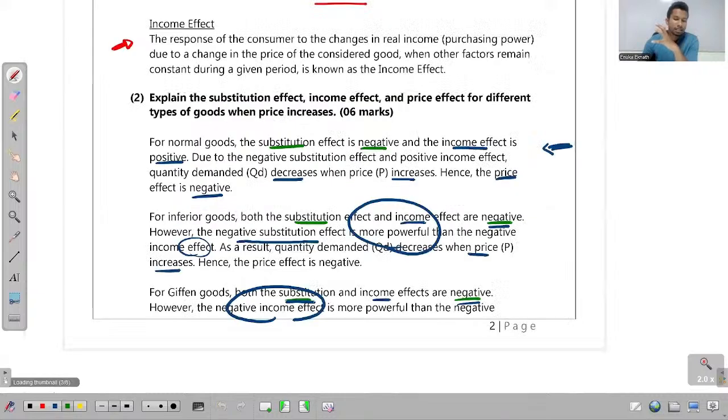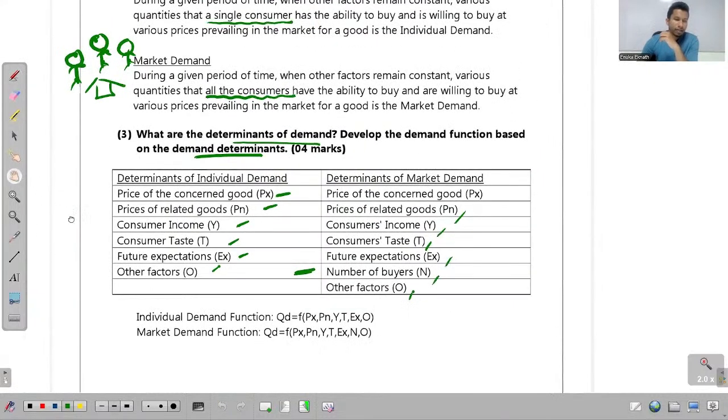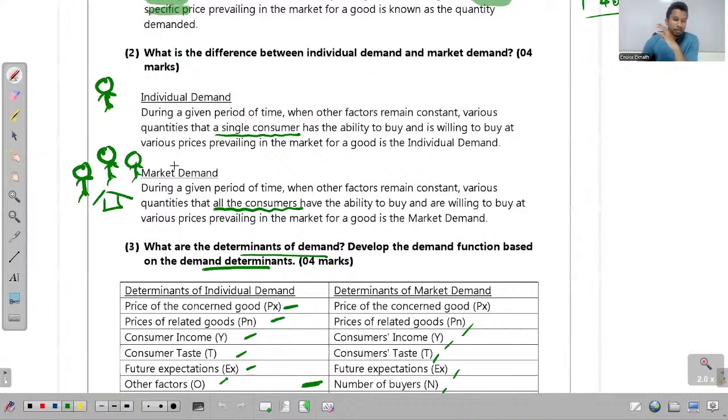So as I mentioned here in this question, market demand is the totality of individual demand. If you have three individuals in a given market, the total of demand arising from all the three individuals we recognize as the market demand.